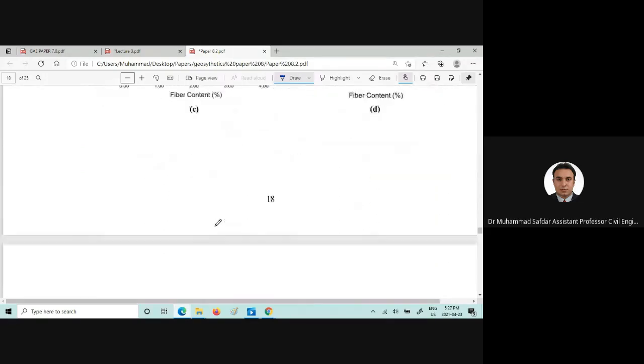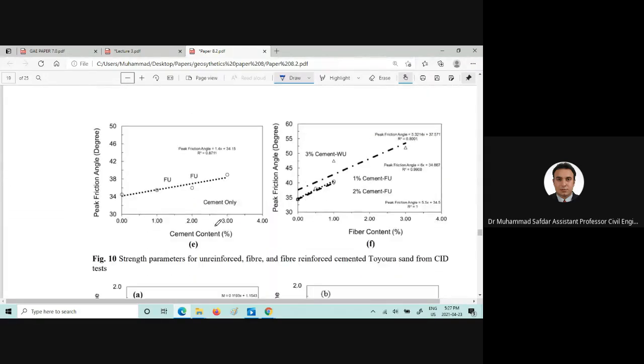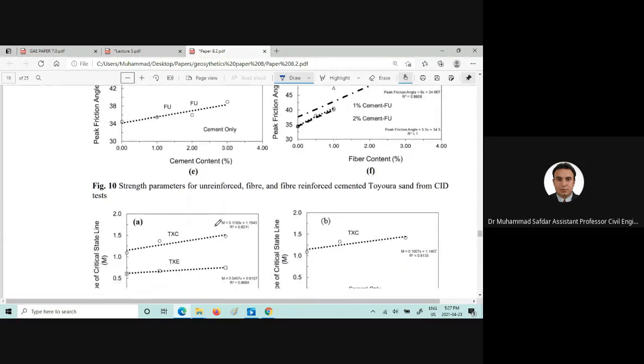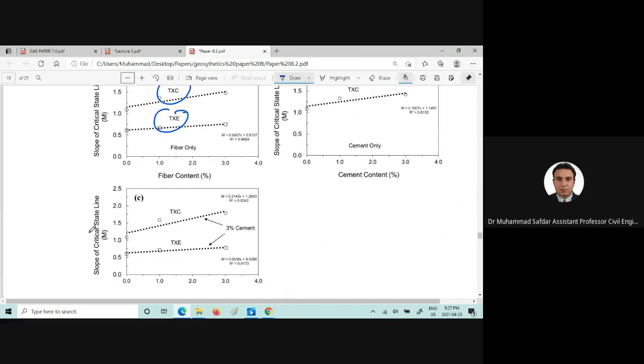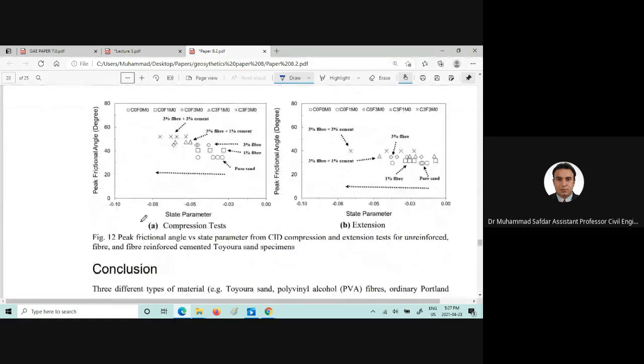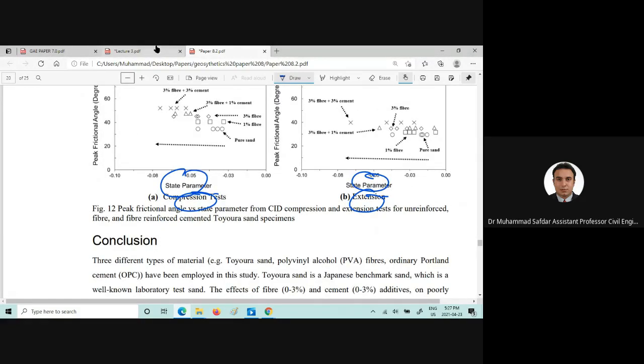So these graphs show the effect of these additives on the pure sand behavior in the triaxial compression, or the slope of the critical state line, how it changes. These will be discussed in the constitutive modeling development as well, and the parameters which are required. Peak friction angle changes with the state parameter in compression test, and in the extension test, how it changes, and the conclusion was given.